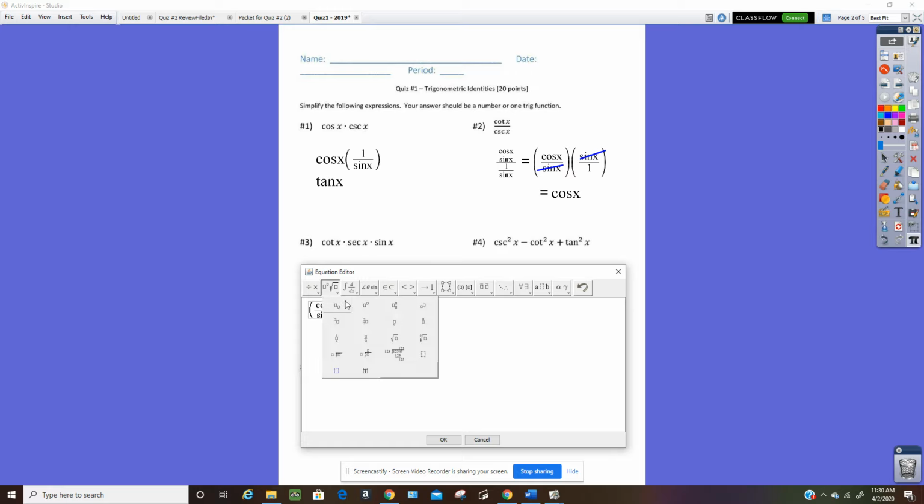And secant is the same as 1 over cosine. And sine x, I'm going to leave alone, just to emphasize that sine is in the numerator here. So sine x over 1. And then looking through this equation, the cosines are going to cancel, the sines are going to cancel, and I end up with just 1. So this is equal to 1.